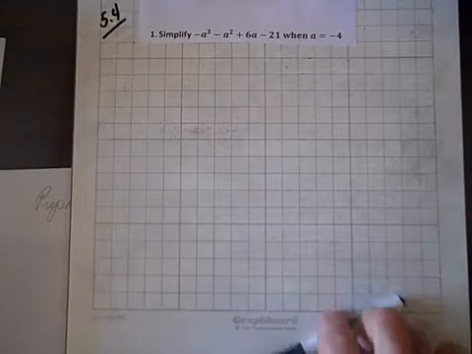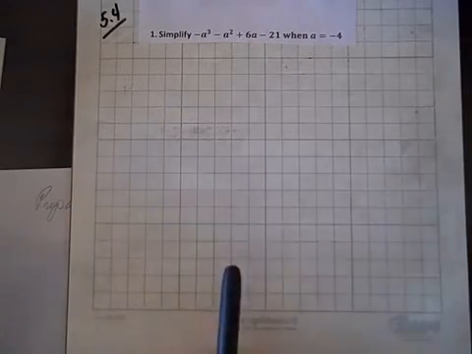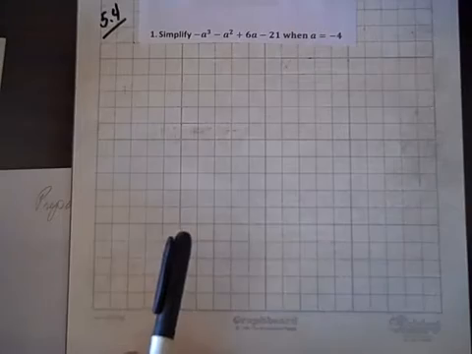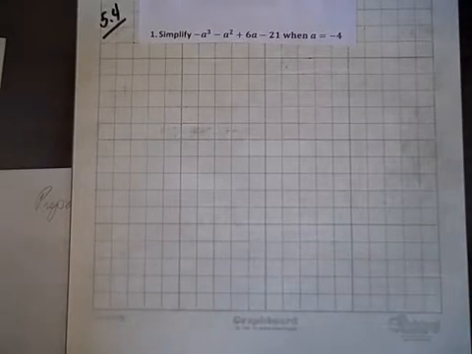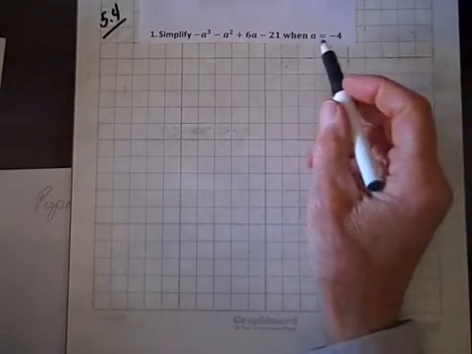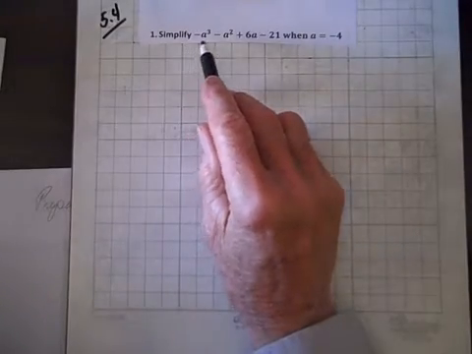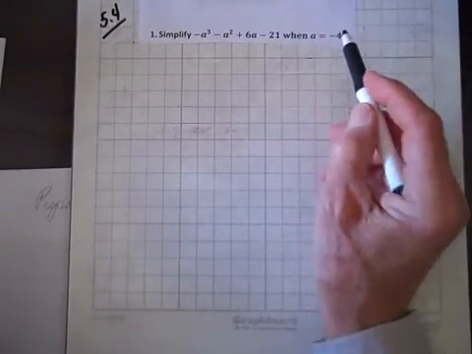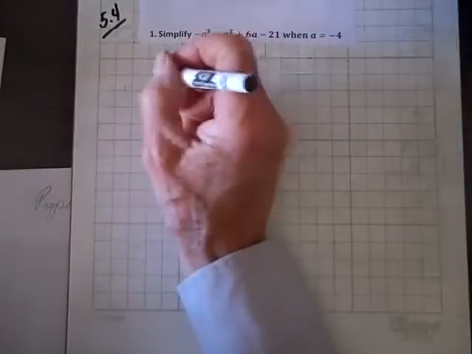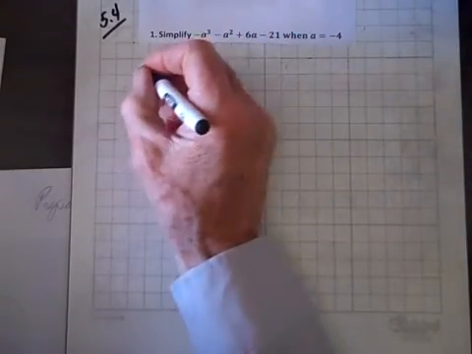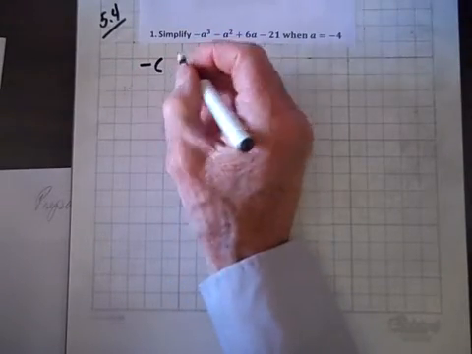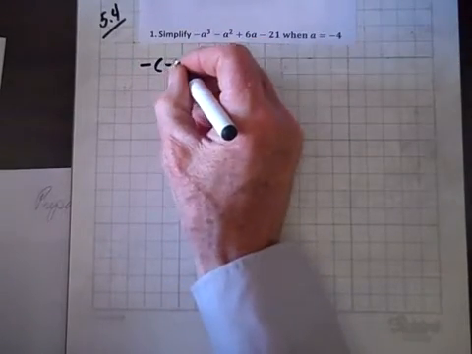Well, we're doing section 5.4, and in this we're going to add polynomials. But for this problem, we've got to simplify this expression when a equals -4. So therefore, we're going to replace each a with -4.